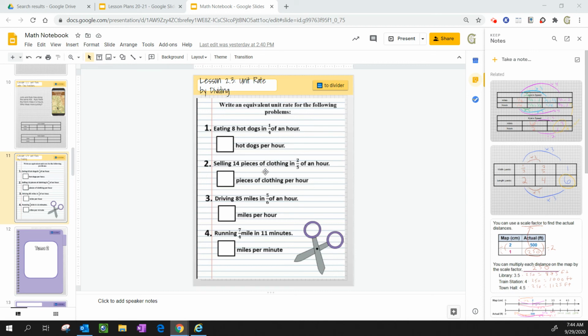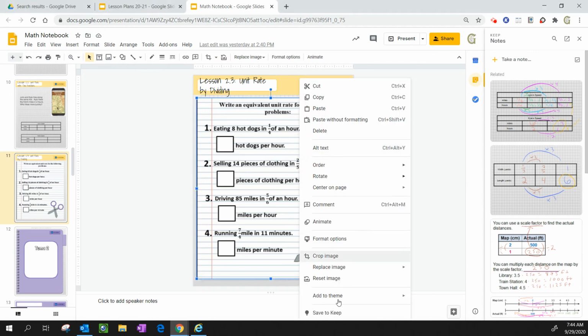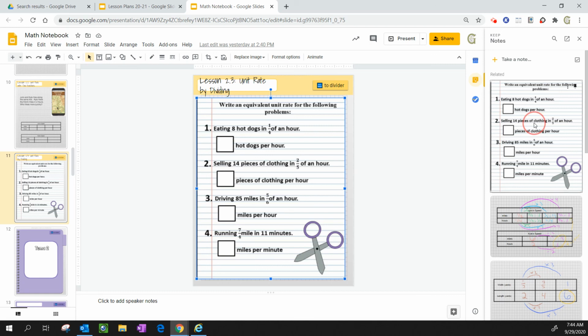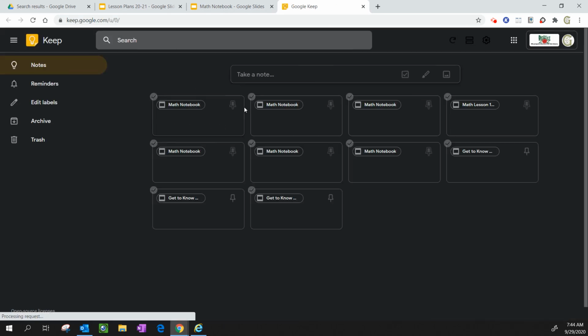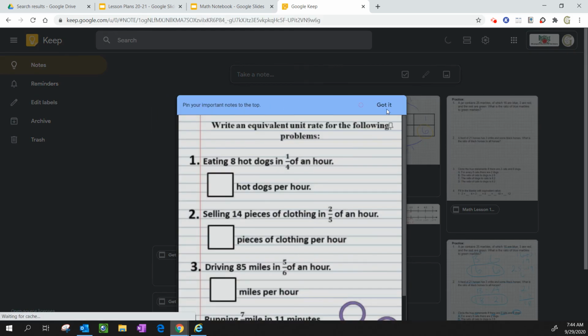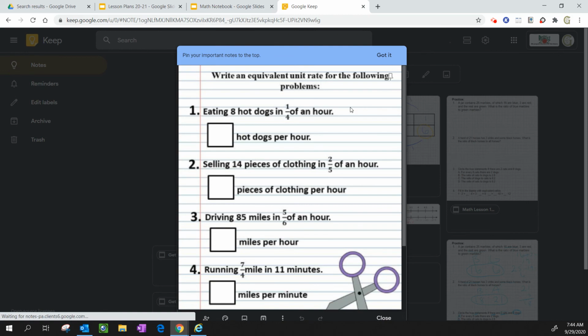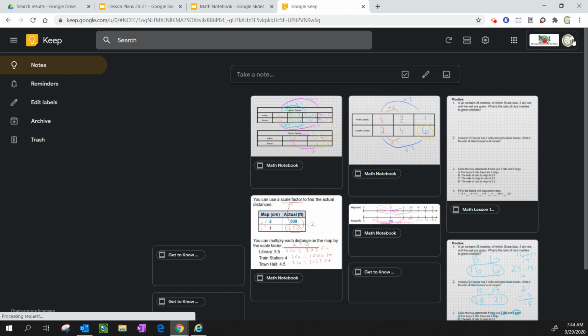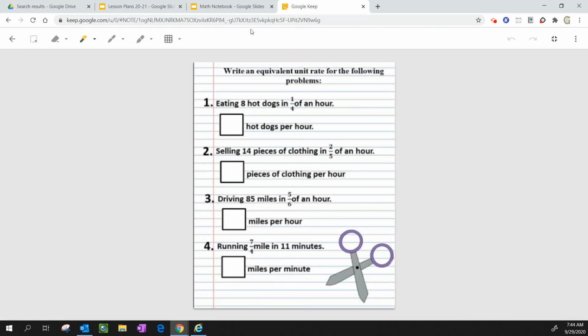So let's go ahead and try some of these. Click on it, save to keep, open a new tab, and get to the pen. And here we go. On this one, I'm going to color code my labels for myself so that I can make sure they line up.